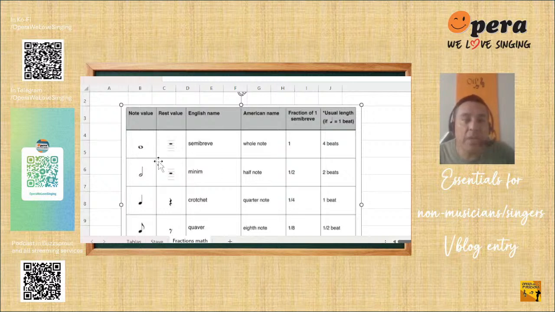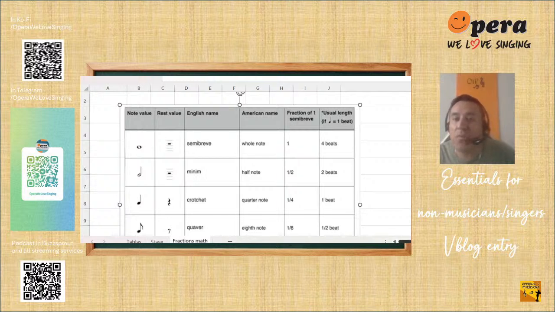So we are looking at this beautiful circle here, and this circle represents what is called a semibreve. However, the English name actually refers to the UK, but the American name is a whole note. But since we are going to talk in math, and that will be much easier, you will see how it's going to be the value of 1.